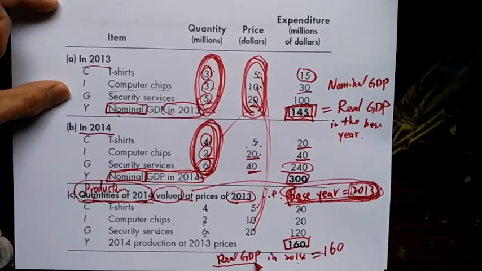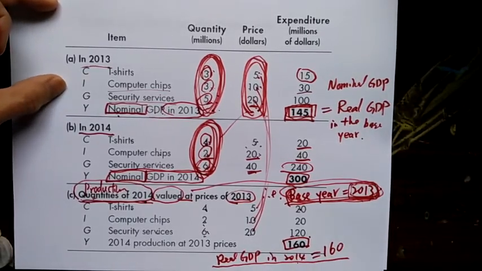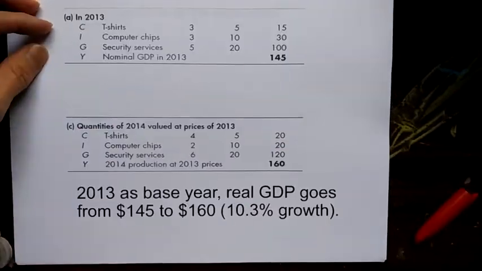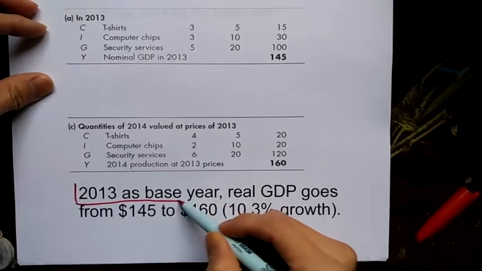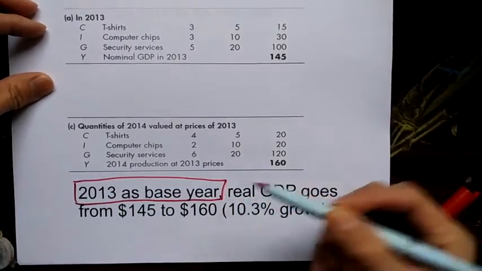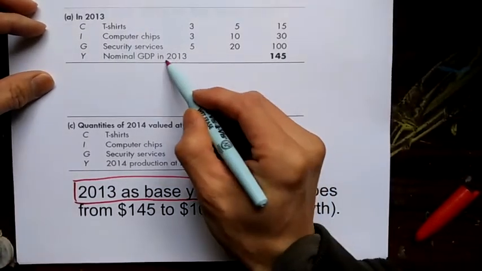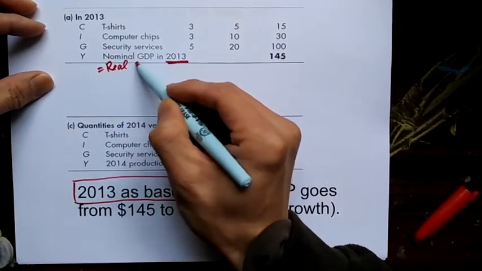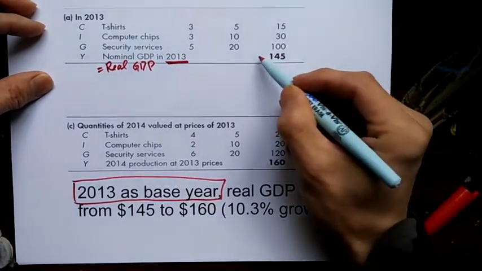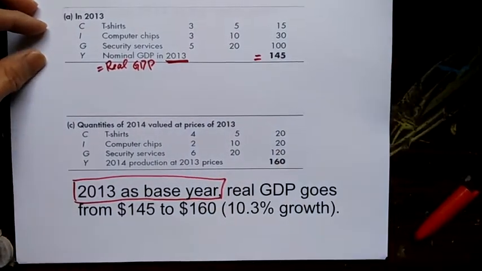That is the real GDP in 2014. Therefore, using 2013 as the base year, in 2013, nominal GDP is equal to real GDP, which is $145.